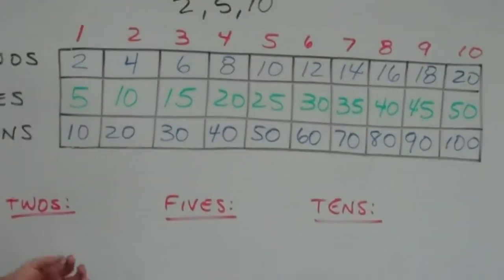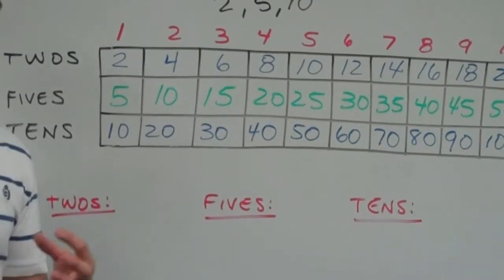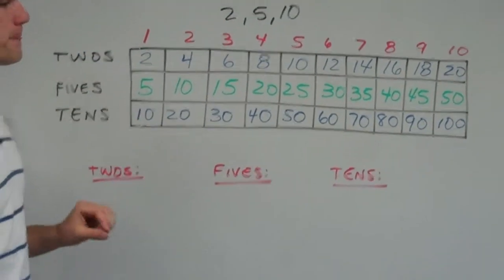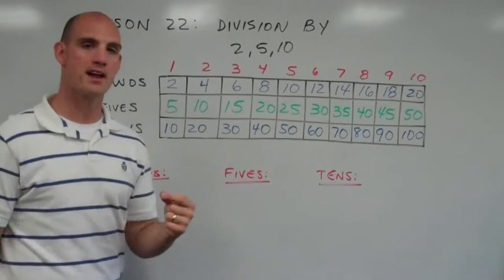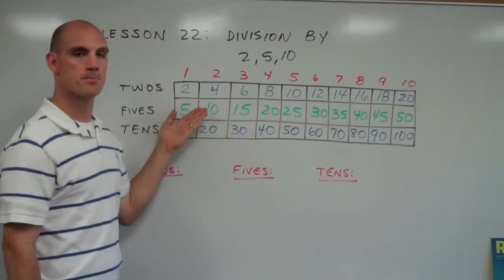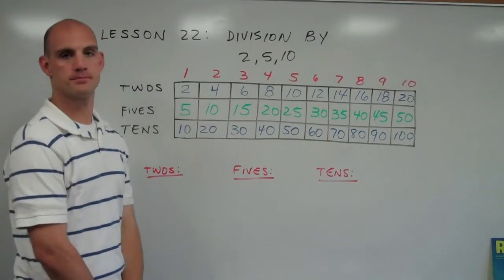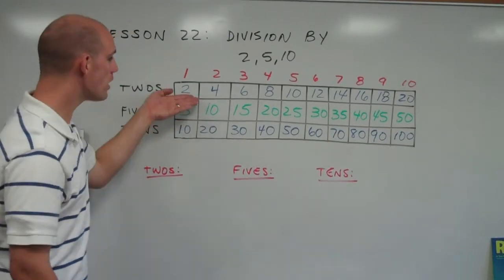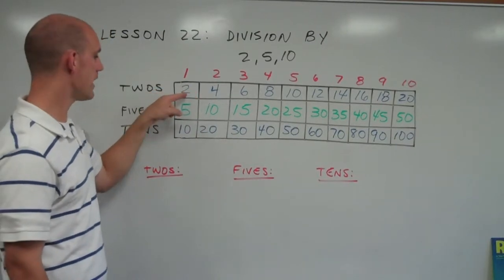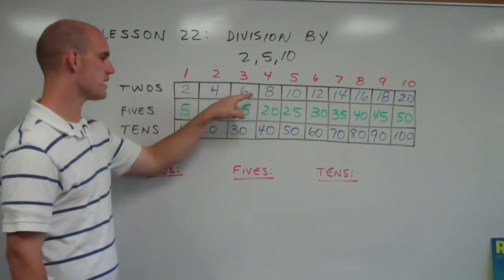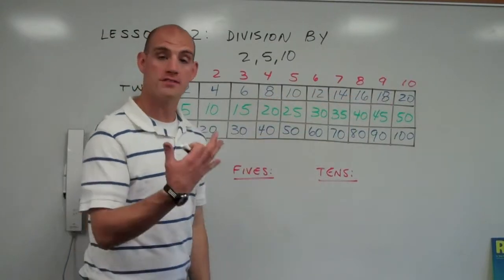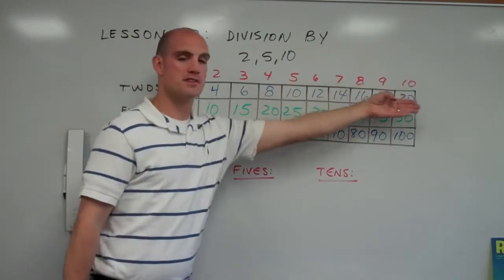What we're going to do below here is write up a general rule describing what is going on in this chart. So if we look at the 2s row, what observation do you make about the 2s and the multiples of 2? That's right. All of them are even. So as we go down the line, 2, 4, 6, 8, 10, 12, and so on, all of them are even up to the multiple of 10.